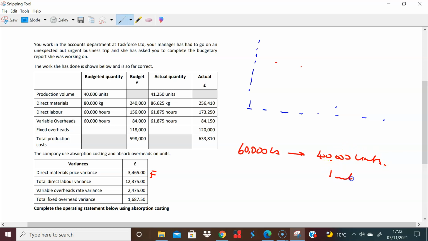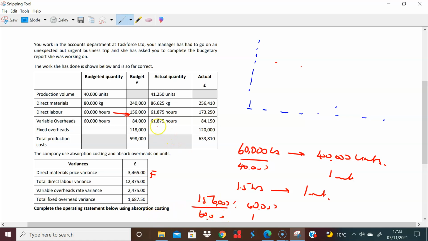Therefore, that's 1.5 hours to make 1 unit, right? To buy the hours, you intend on paying 156,000 for 60,000 hours. Therefore, for 1 hour, that's 156,000 divided by 60,000.